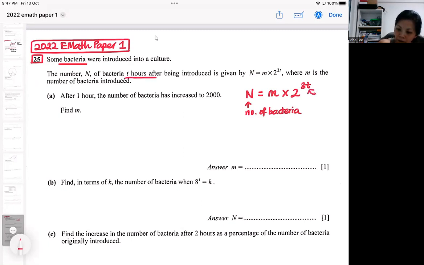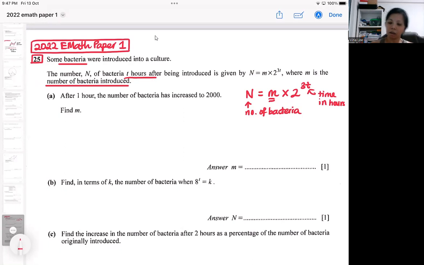So this T is the time in hours, and this is the amount of bacteria introduced. That means this is the amount they introduce in, and from there, the bacteria will keep growing. Essentially, M is a constant, a fixed amount. We don't know how much they introduce inside.